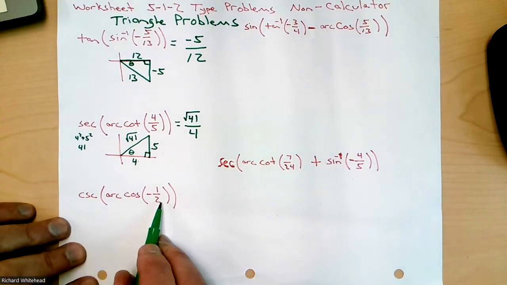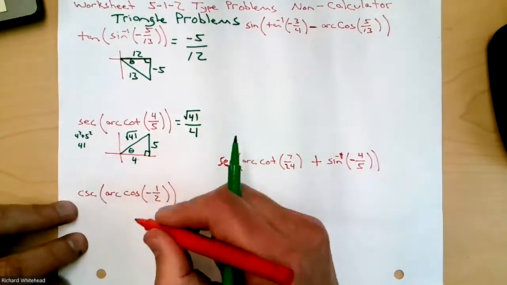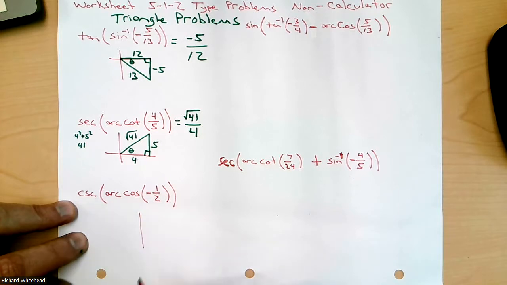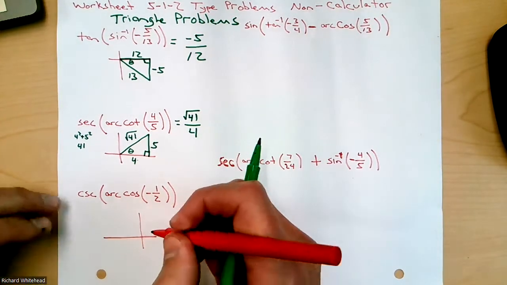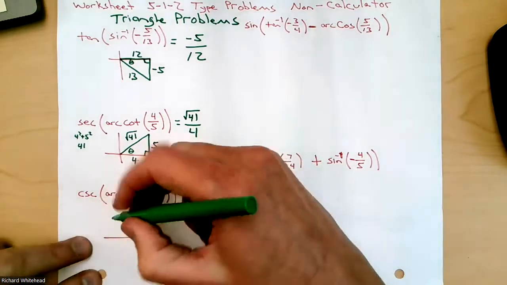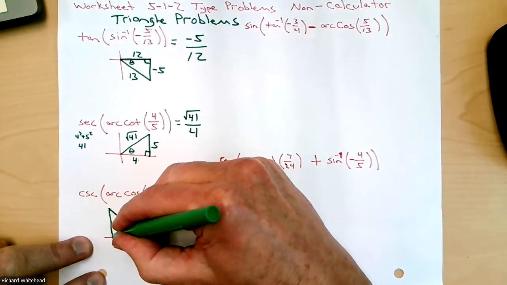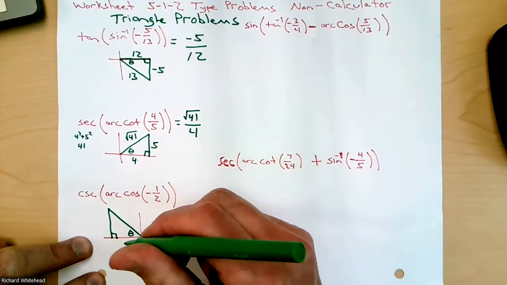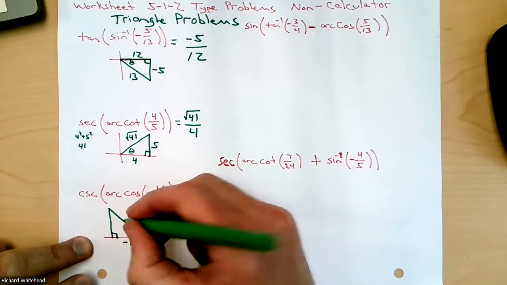This one, oh bummer, it's not a Pythagorean triple. And it's negative. Inverse cosine of a negative. Oh, that's second quadrant. Cosine negatives go into the second quadrant. So here's my angle. That would be -1 and 2.